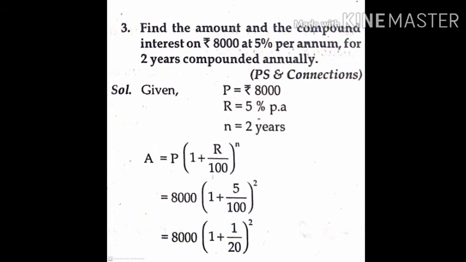Here N is equal to 2 years. Here N means number of conversion periods. Here it is compounded annually, so we get 2. Therefore amount is equal to P into 1 plus R by 100 whole power n. Here P means 8,000 into 1 plus R means 5 by 100 whole power n means 2.